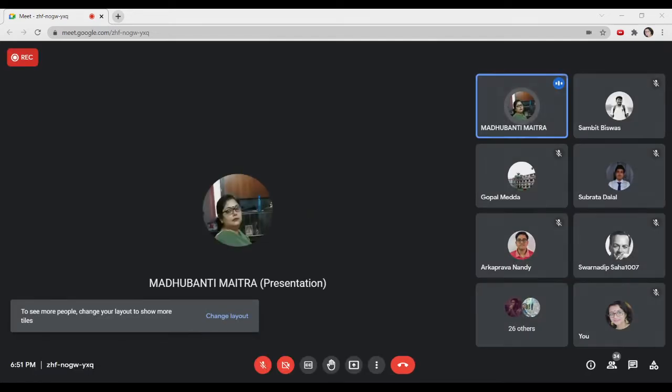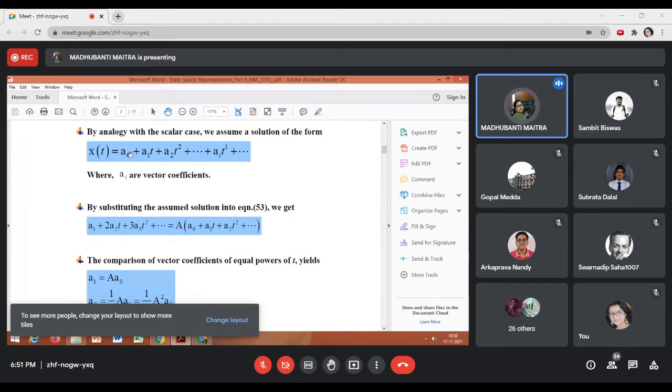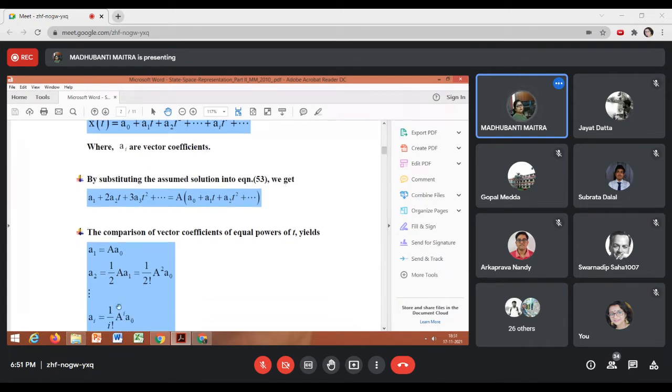So the initial condition will be given by this column vector only. So x0 will be equal to a0, isn't it? Yes, ma'am. So this vector coefficient a0 will give us the initial condition x0. So this a0 is nothing but x0.